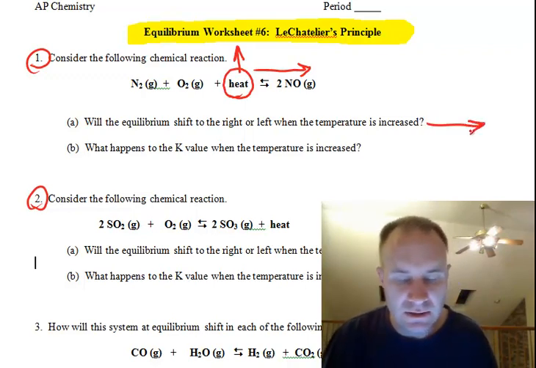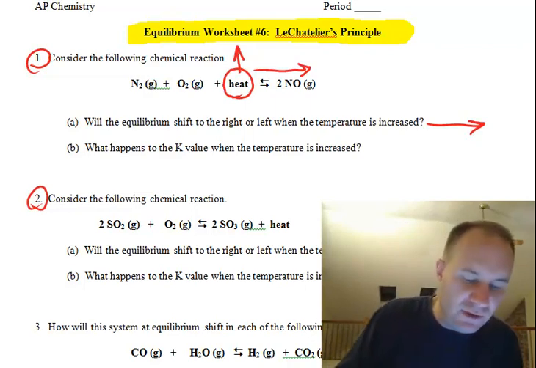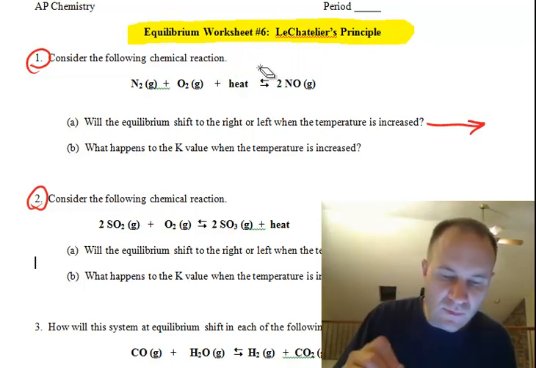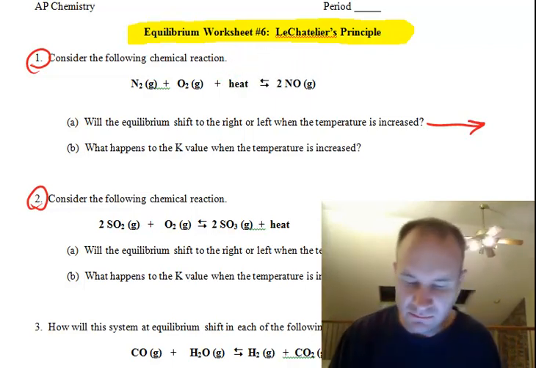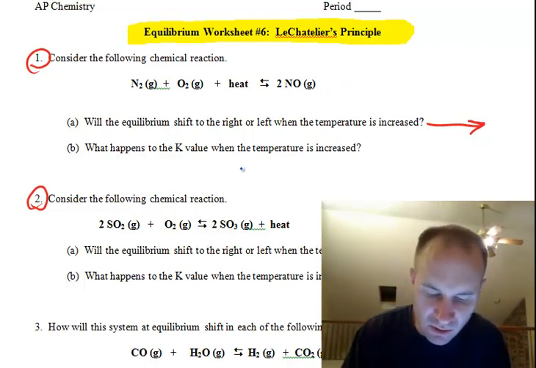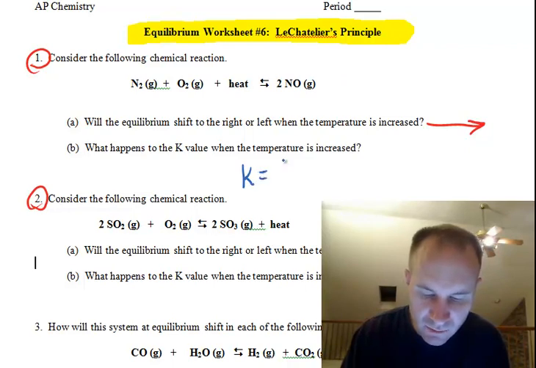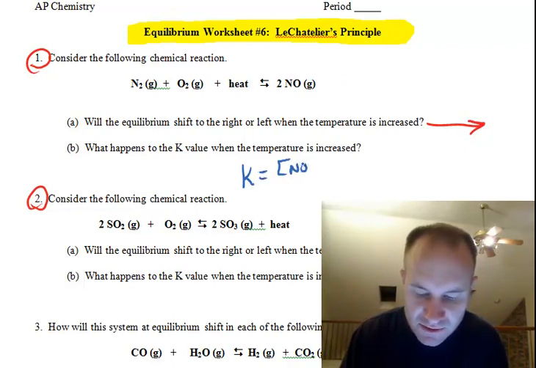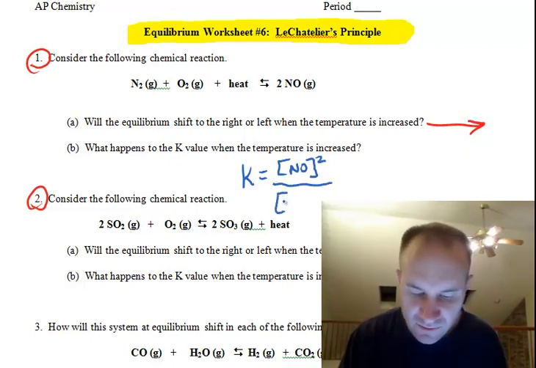Okay? Clearly, that's the case. If we take a look, though, at a big idea so far, what happens to the value of K? Well, here's what I know. I know that K would be equal to products over reactants, and the coefficients do matter.